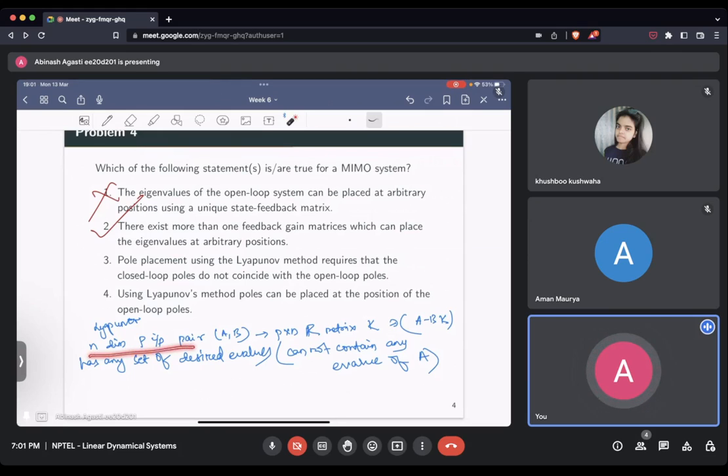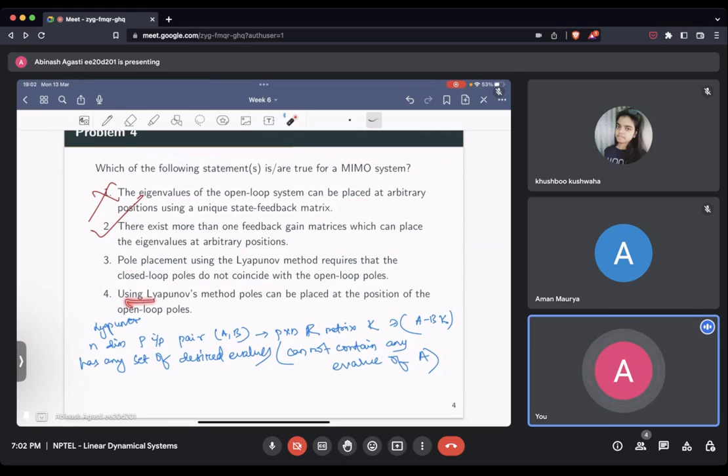For an n-dimensional, p input pair A, B, we can find a real matrix K such that this closed loop system has any set of desired eigenvalues, but it cannot contain any eigenvalue of A. So the pole placement using the Lyapunov method requires that the closed loop poles do not coincide with the open loop poles, which are the eigenvalues of A.